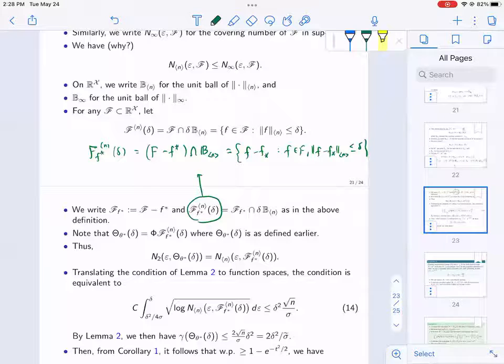So this is the counterpart of what we had, Theta star, U or delta. That was basically, again, if you go back, B2, that was the L2 norm. So this is all the thetas that look like theta minus theta star, where theta is in Theta and theta minus theta star is less than delta.